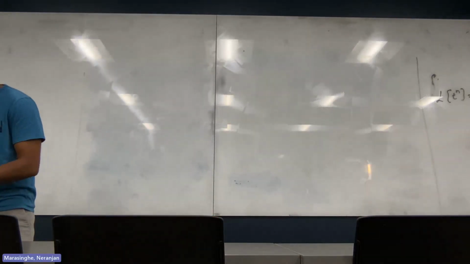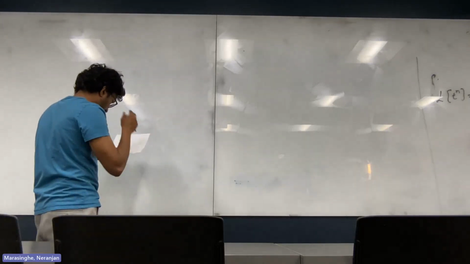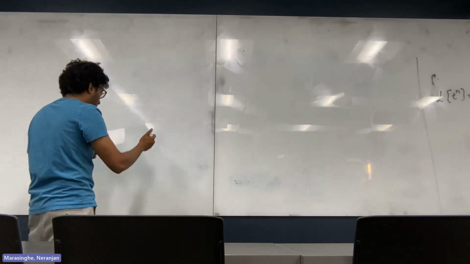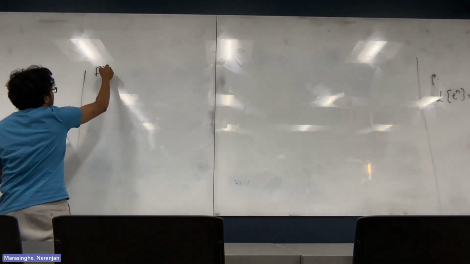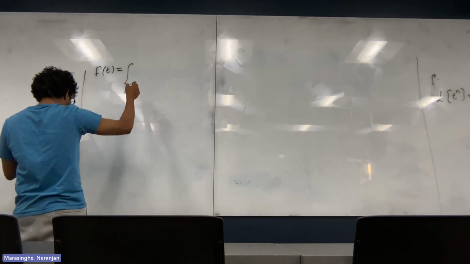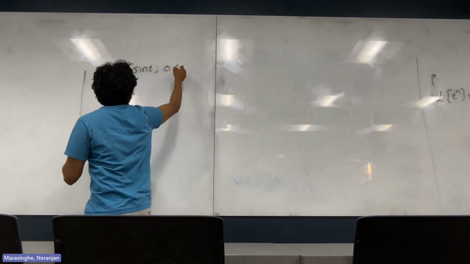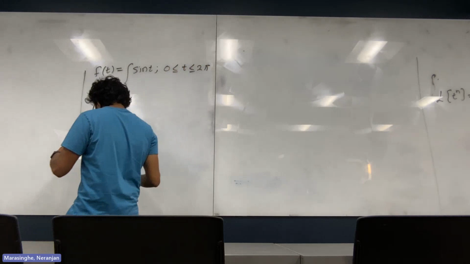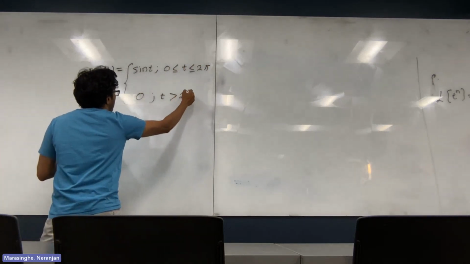Next example is this problem. I will give you a function f(t) defined as sine t between 0 and 2 pi, and 0 if t is greater than 2 pi.